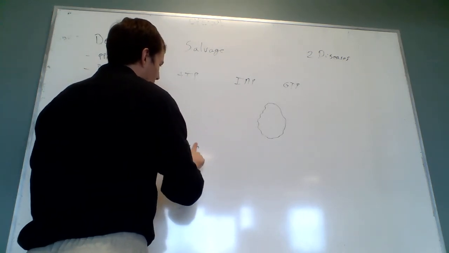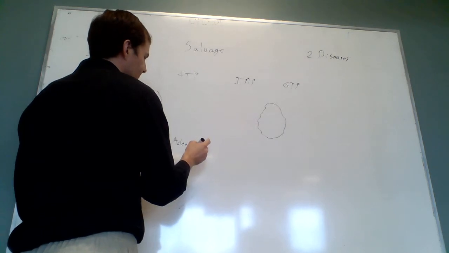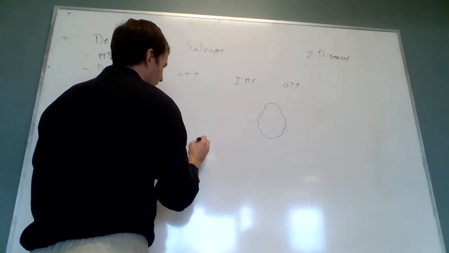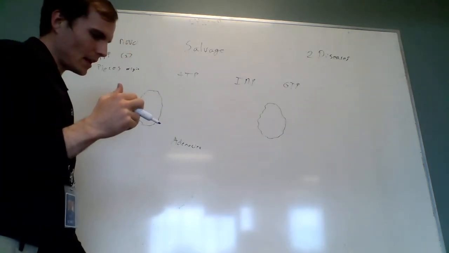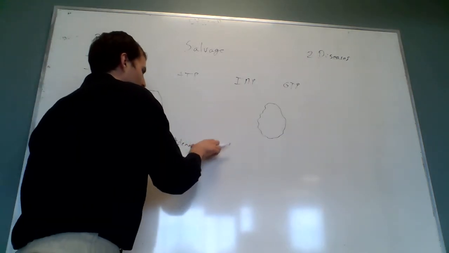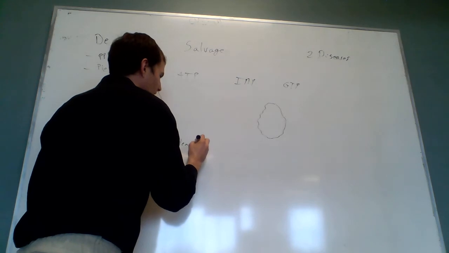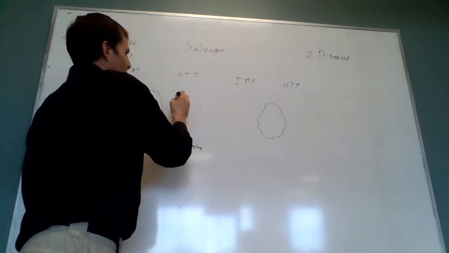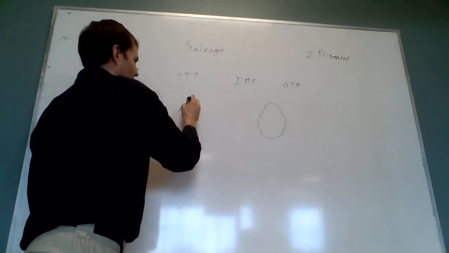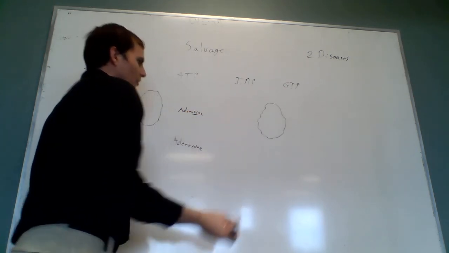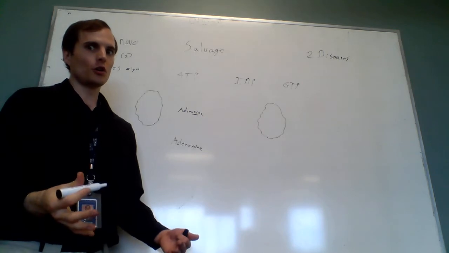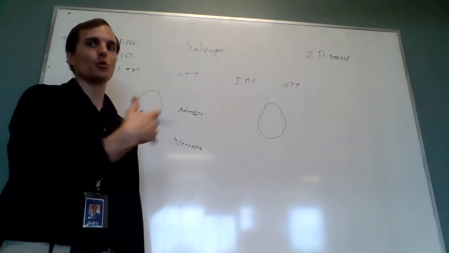Oh, no. Yes, it's adenosine. And then, no, it's adenine. Adenine. All right. And then right here we have adenosine. Now, with the S there, ribose, the sugar, has the letter S in it, ribose.